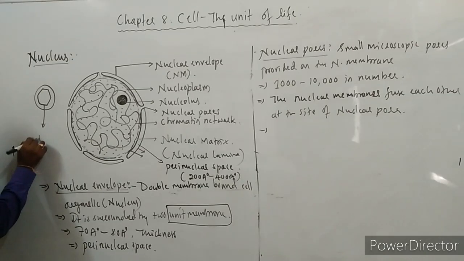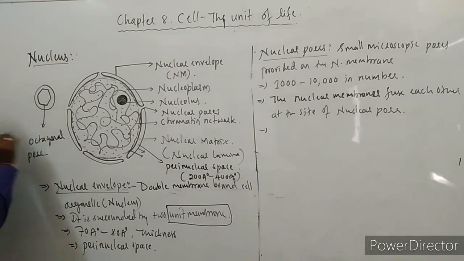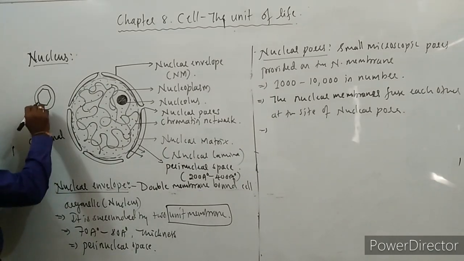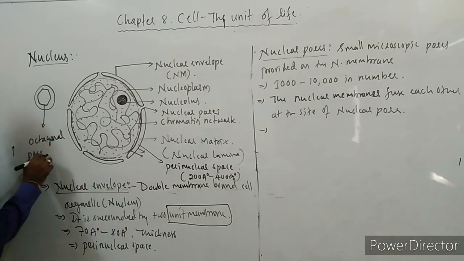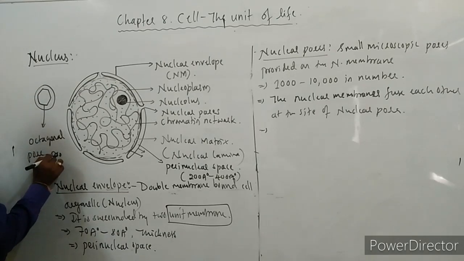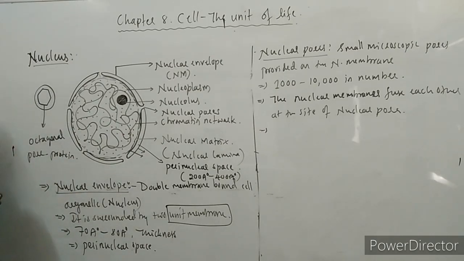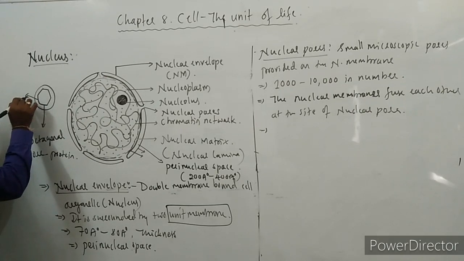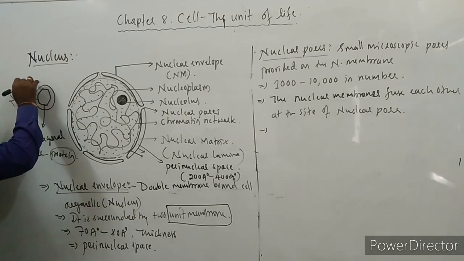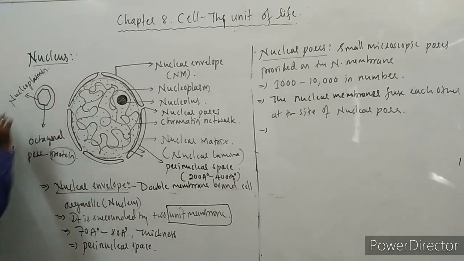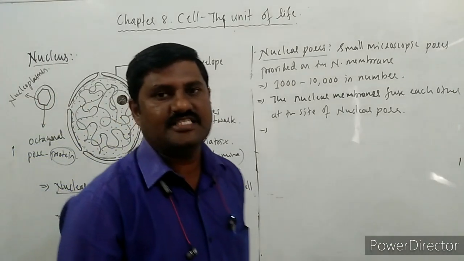This octagonal structure makes the inner lining of this pore itself, and it is made up of protein. What is it called? This octagonal structure is made up of the protein nucleoplasmin.